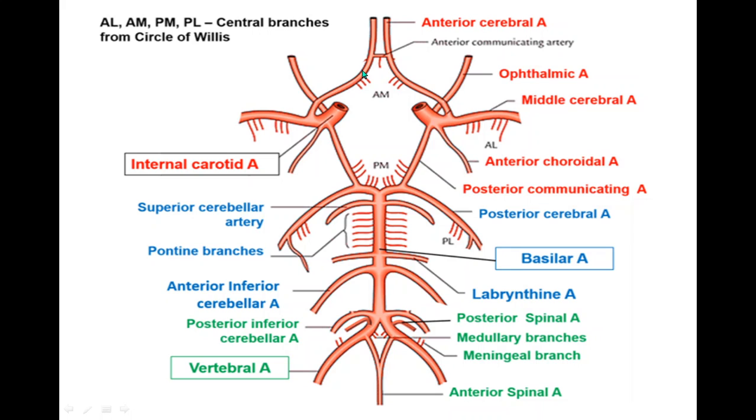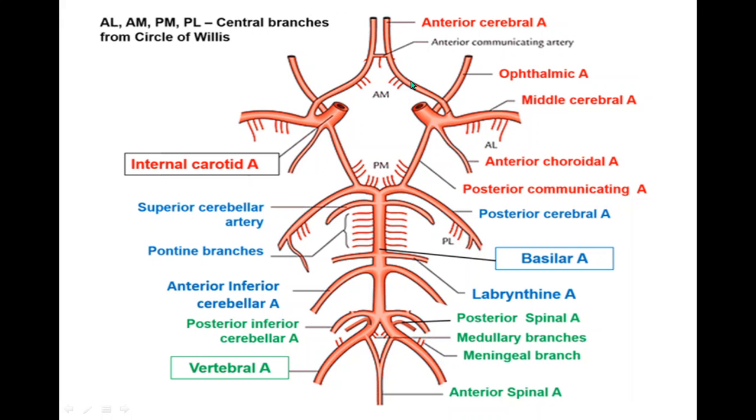The two anterior cerebral arteries are connected by an anterior communicating artery. That's how this six-sided hexagonal arterial circle is completed. That's why this circle of arteries is also called the circle of Willis, after the person named Willis.